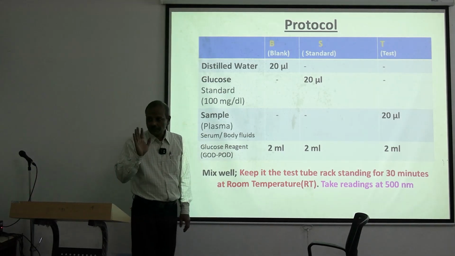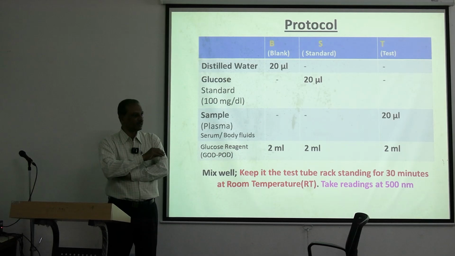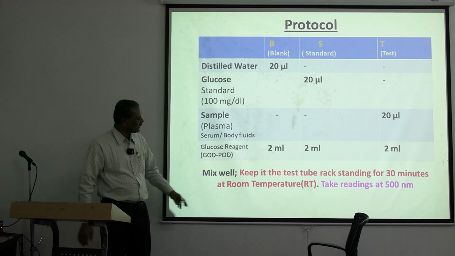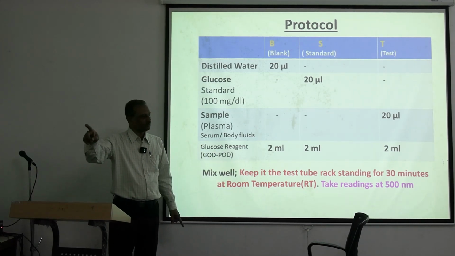You just simply sit down and observe the intensity of the color. It will be increasing gradually, and at one point of time it will get stabilized, usually by 25 to 30 minutes, and no more increase of the color will be there. And then you take the reading at 500 nanometer. You do the experiment in the colorimeter.